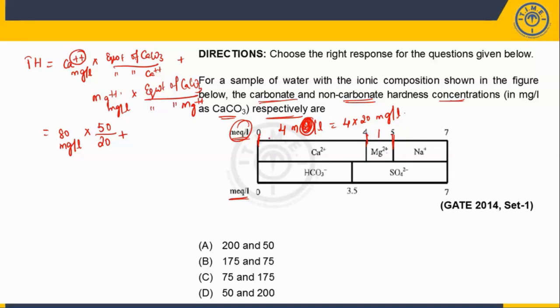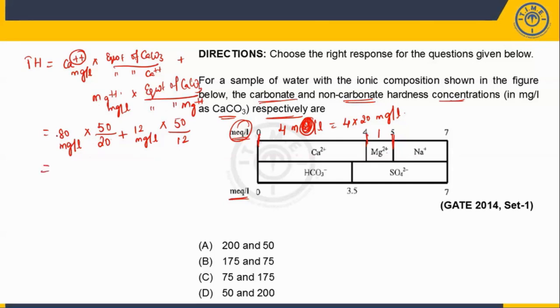Equivalent weight of magnesium: molecular weight of magnesium is 24. Equivalent weight is 24 by 2, 12. So 12 mg per liter into 50 upon equivalent weight of Mg++ is 12.